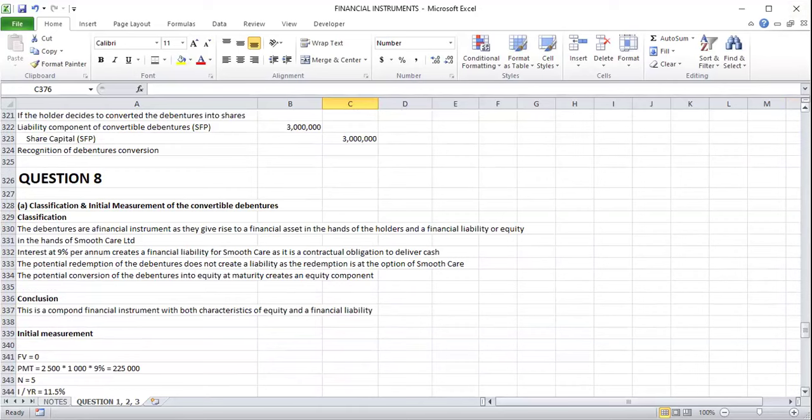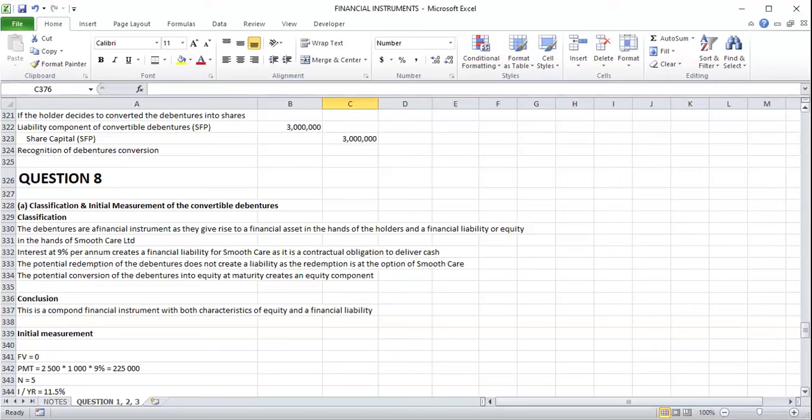That's what I don't understand. The potential redemption of the debentures does not create a liability, as the redemption is at the option of Smooth Care.